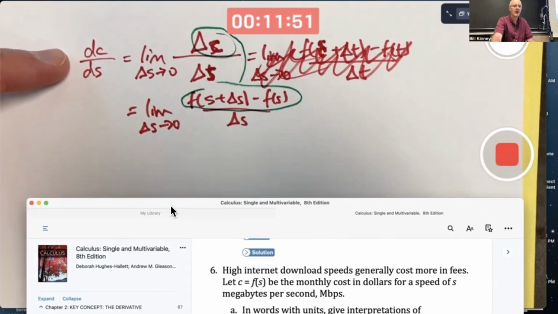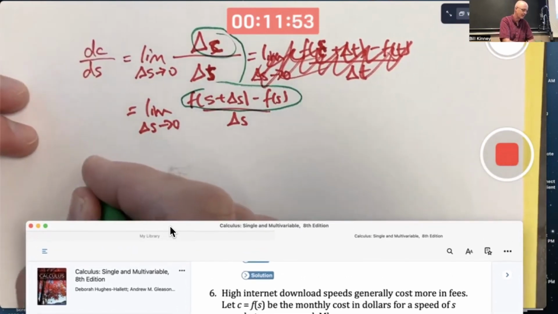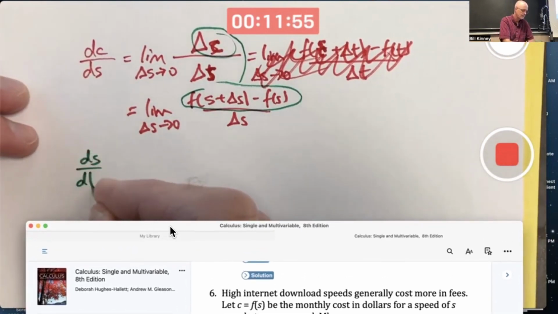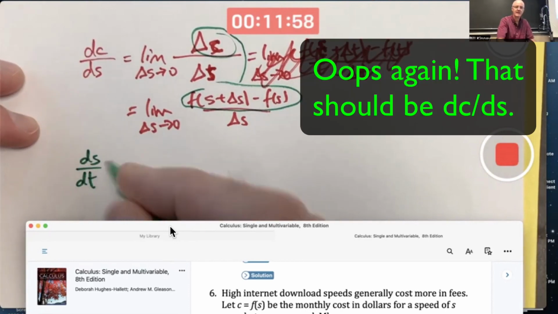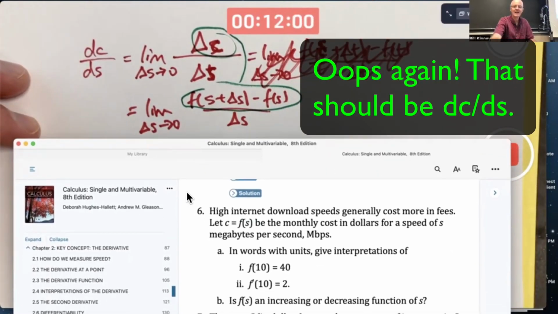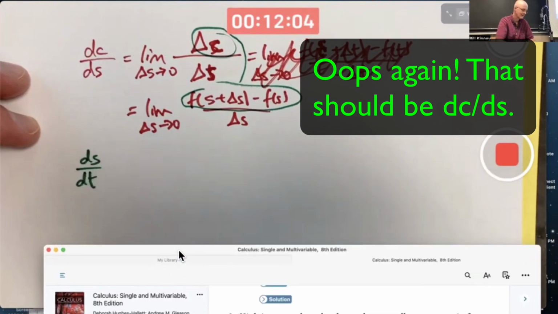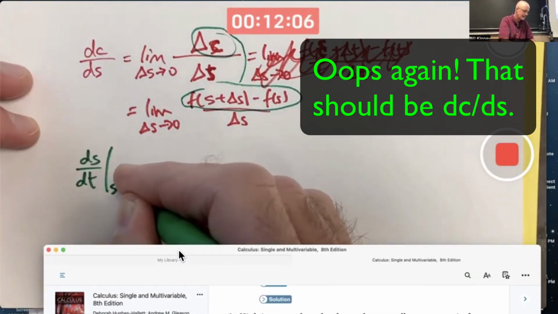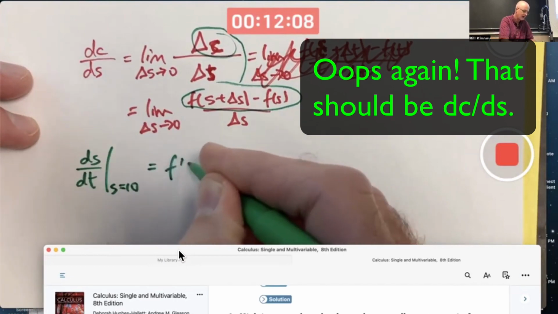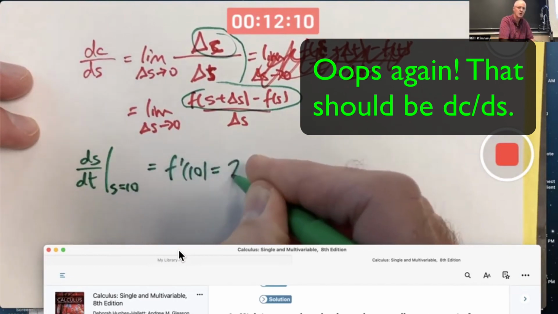As far as doing the problem goes, we're given that the derivative evaluated at s equals 10, f prime of 10, is 2.